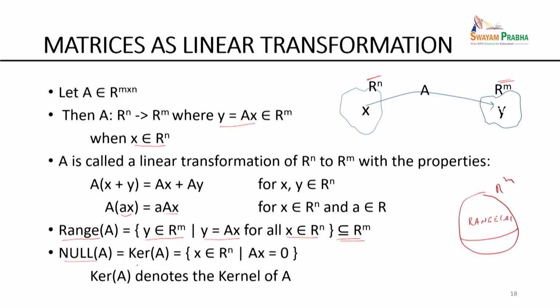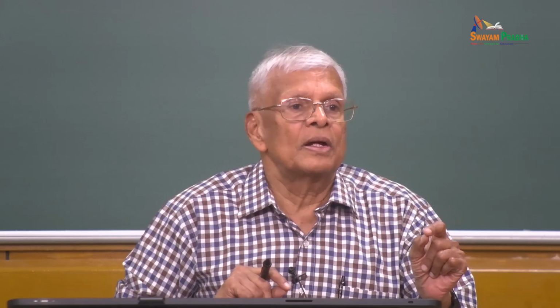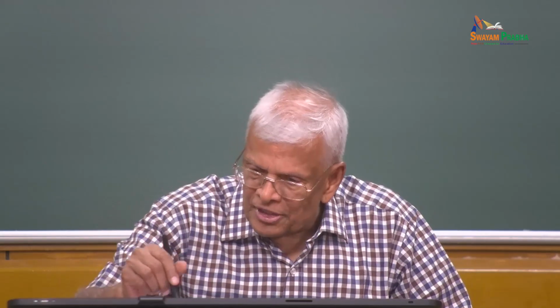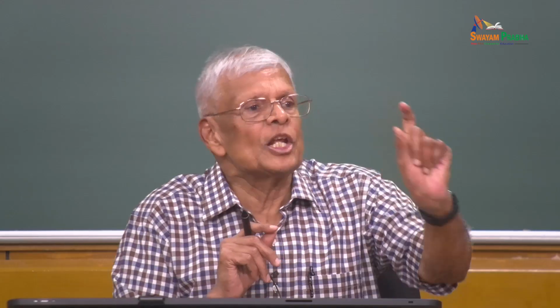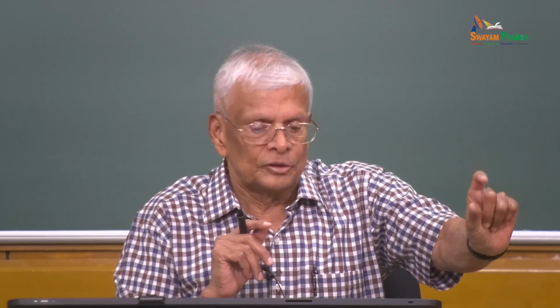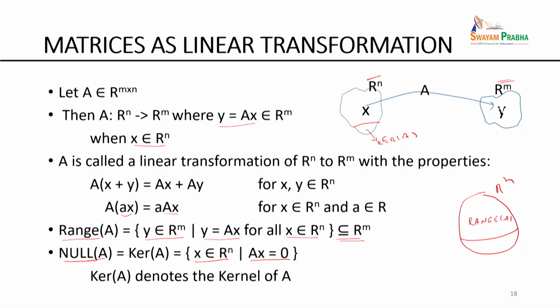Now there is another thing called the kernel of A. The kernel of A consists of all those x in Rn so that Ax is 0. So the kernel of A is here. This is called the kernel. So kernel of A means what? If I multiply a vector x by A, I get a 0 vector. Therefore, the kernel of A is also called the null space of A. Why is it null space?